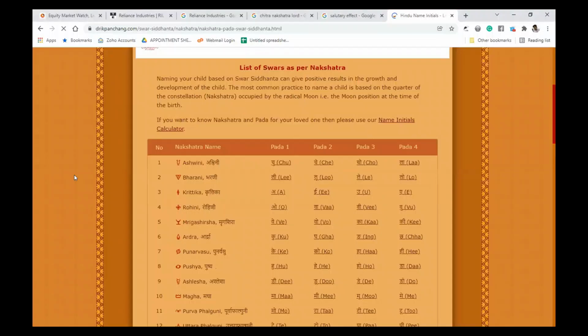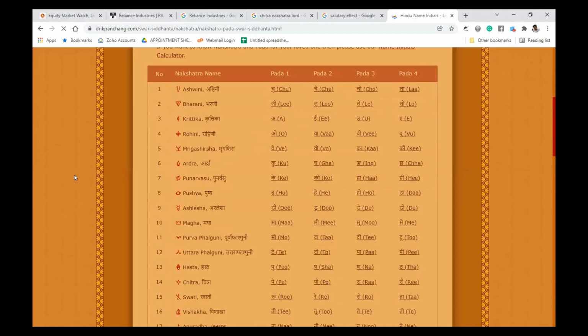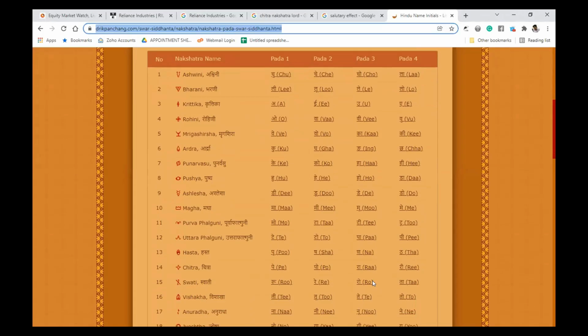On Drikpanchang.com, or in any basic book of astrology, you can see this chart. We have 27 nakshatras. For now, Re is showing Swati nakshatra. In English, R-I gives Swati, and if you take R-E, then we get Chitra.